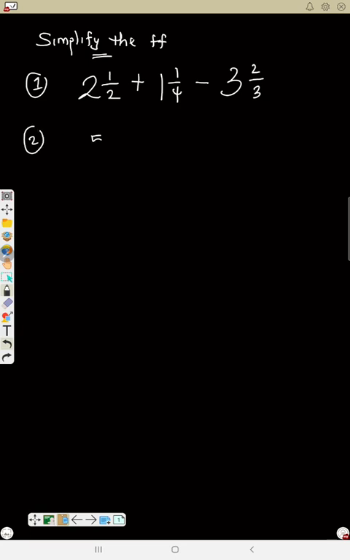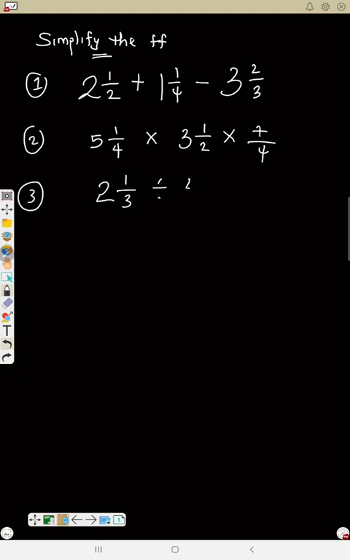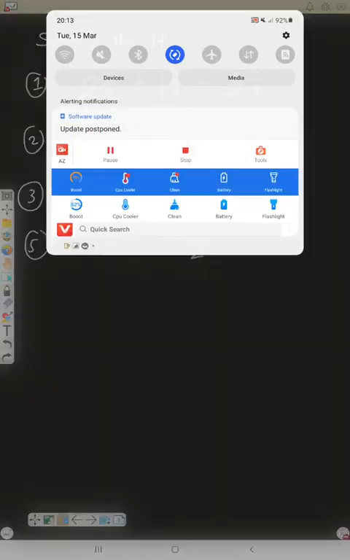Number 2, 5 number 1 over 4 times 3 number 1 over 2 times 7 over 4. Number 3, 2 number 1 over 3 divided by 4 number 1 over 2. Number 5, 1 number 1 over 2 minus 3 over 2. Now we have an idea of fractions. Just solve all these, then we can move to board mass. Fractions still have more to them, but we are moving on to board mass.